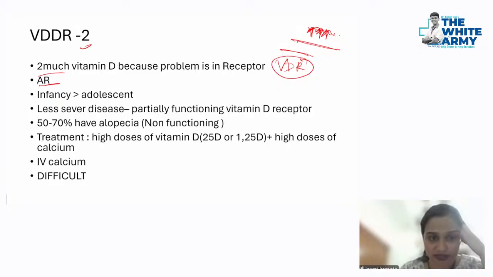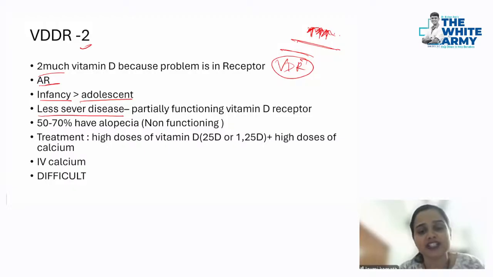It is also autosomal recessive, presents predominantly in infancy, but can be missed, causing presentation in the adolescent phase. Those who present in the adolescent phase have a less severe disease, meaning there is partial functioning of the vitamin D receptor, not complete non-function.